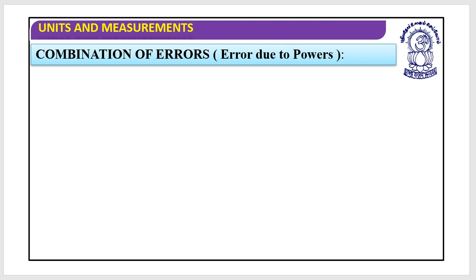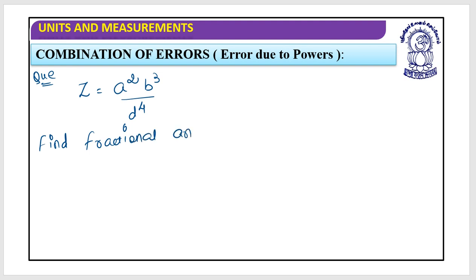Let's say suppose I have been asked that z is equal to a square b divided by d to the power 4, and I need to find the fractional and percentage error in z.